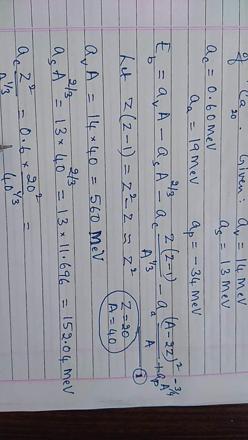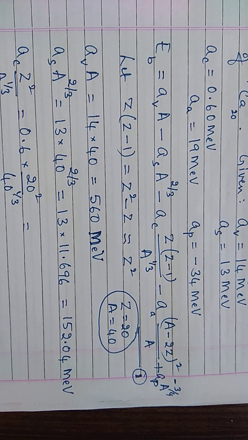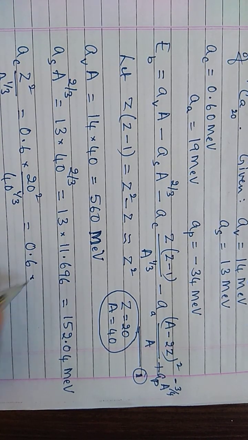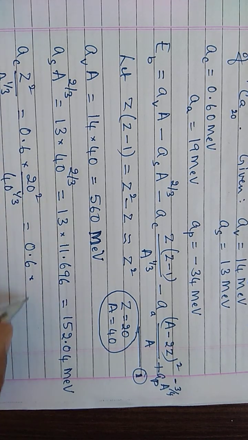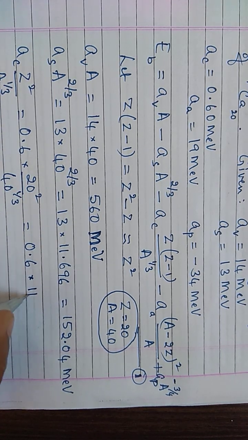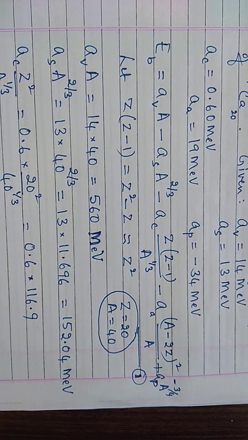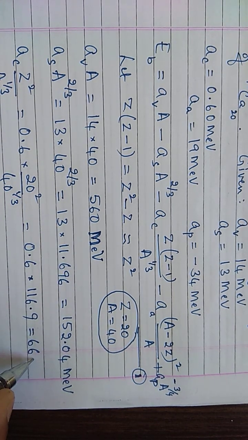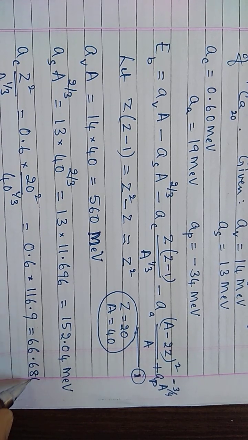Do the calculation carefully. 0.6 into 400 divided by 40 raised to the power 1 by 3. The cube root of 40, how much do we get? So this is 0.6 into the value of this. Do the calculations properly. Multiplication of these two gives 66.686 MeV.